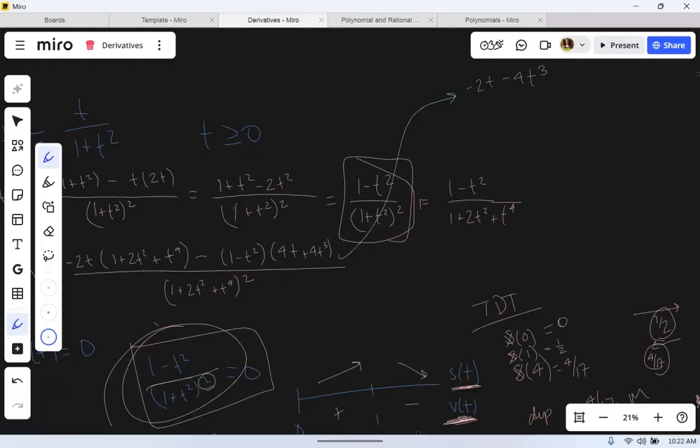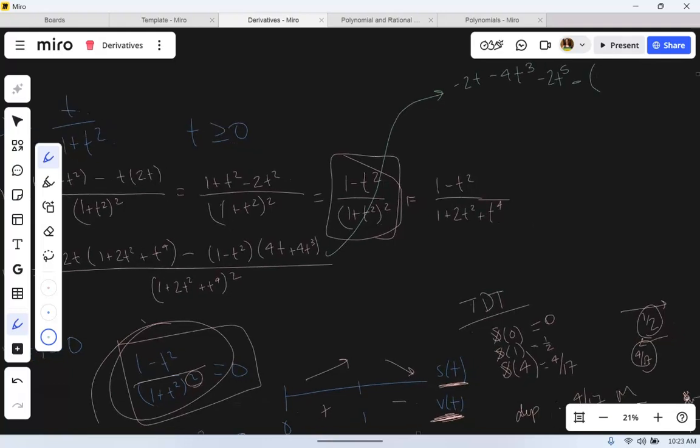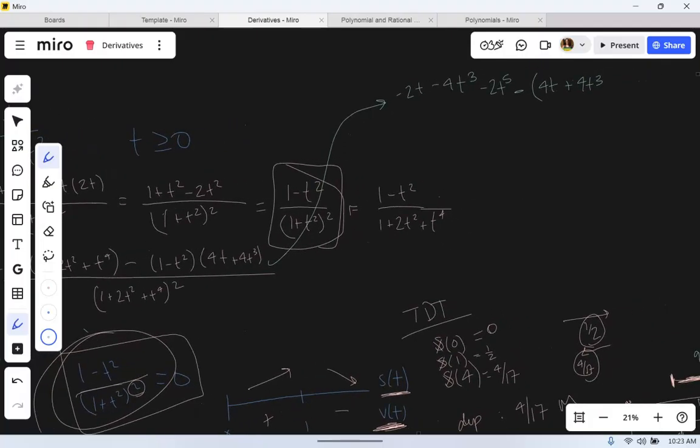Y'all watch me make sure I don't make any mistakes. Minus 2t to the 5th. Minus 4t plus 4t cubed. Minus 4t cubed. Minus 4t to the 5th.